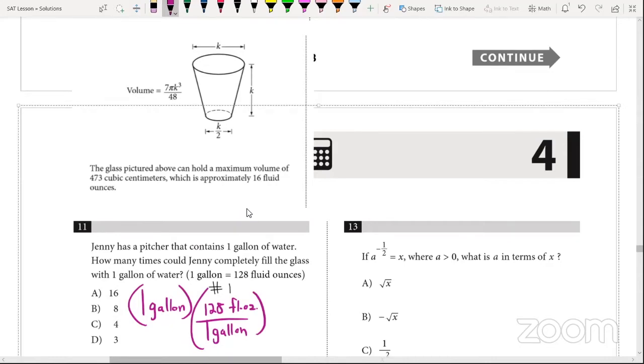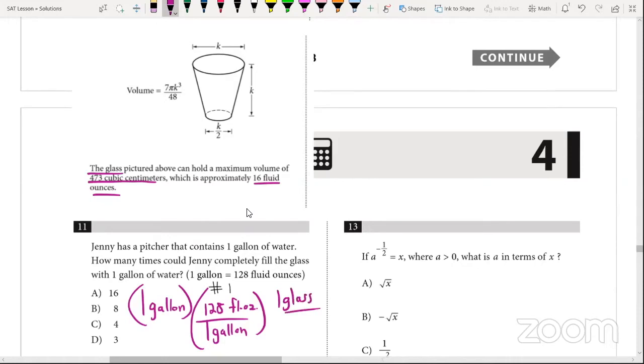However, here they tell us that the glass holds 473 cubic centimeters, which is the same as 16 fluid ounces. So what they're saying right there is that 1 glass is worth 16 fluid ounces. And once again, because 1 glass is 16 fluid ounces, this is the number 1, and we're allowed to multiply by the number 1 because nothing happens.